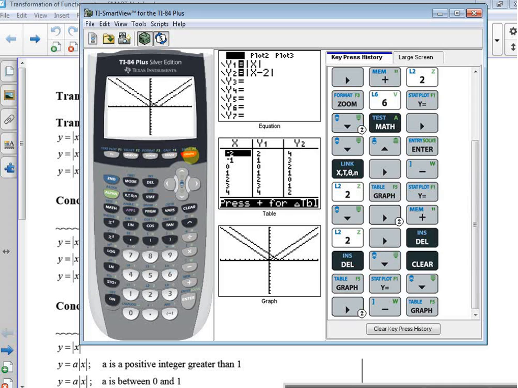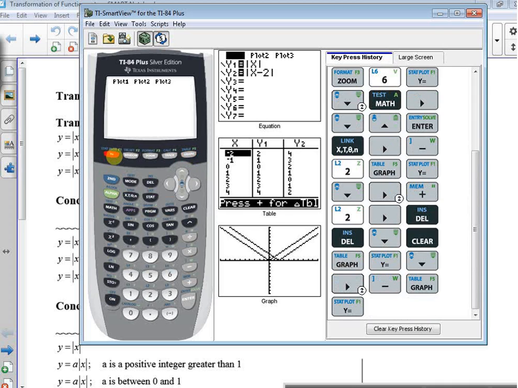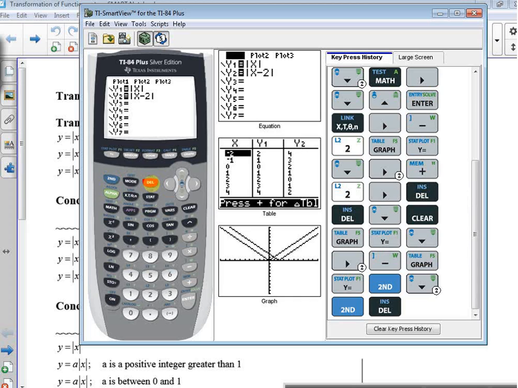circles. And then if I go back to y equals and I do second, I'm going to leave that one alone. I'm going to go down to the next one and do second insert, and I'm going to place a number in front of that, like 2.